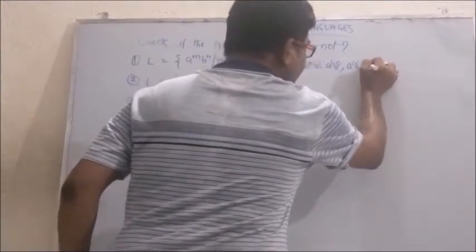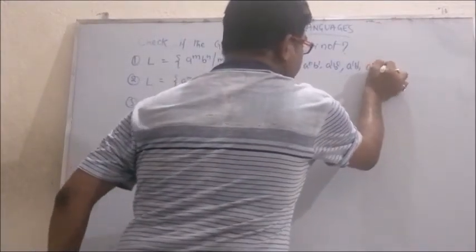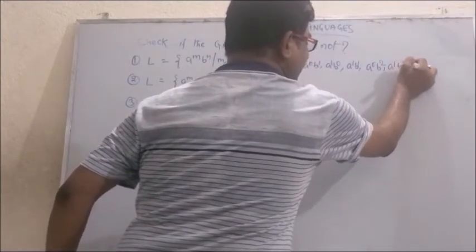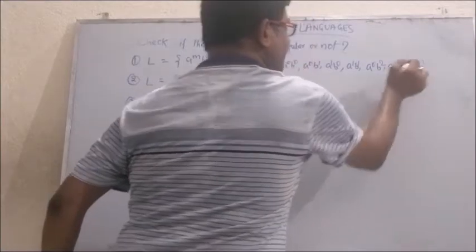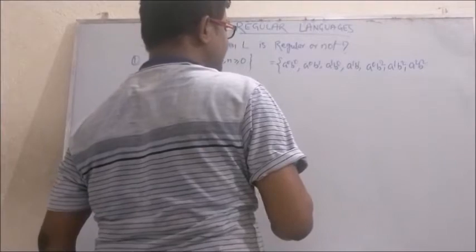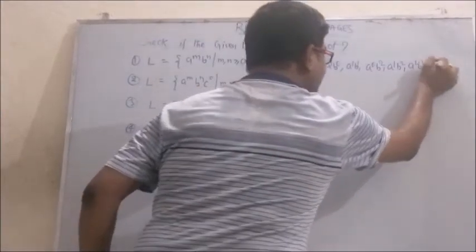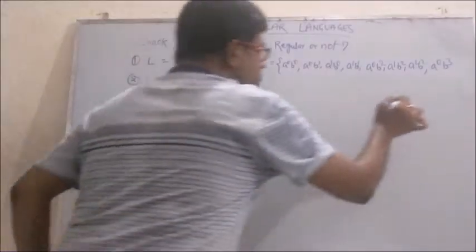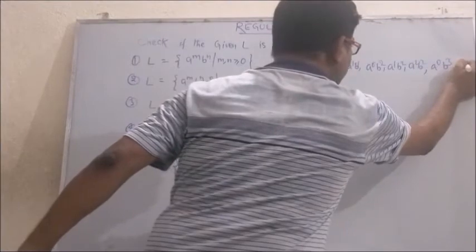Next we can get A0 B2, then A1 B2, A2 B2. Similarly we can take another A0 B3, like this, and it goes to infinity.